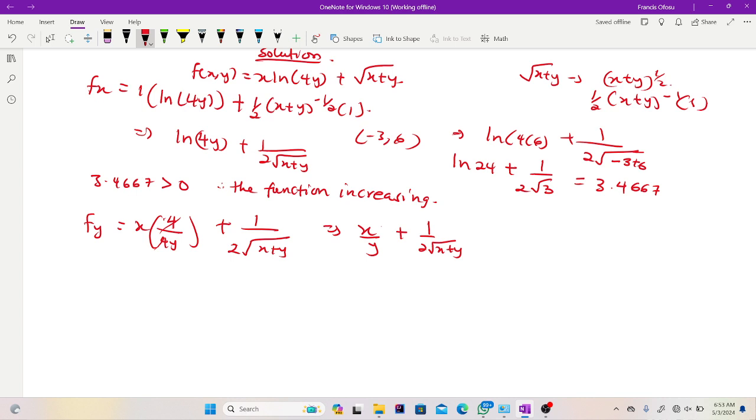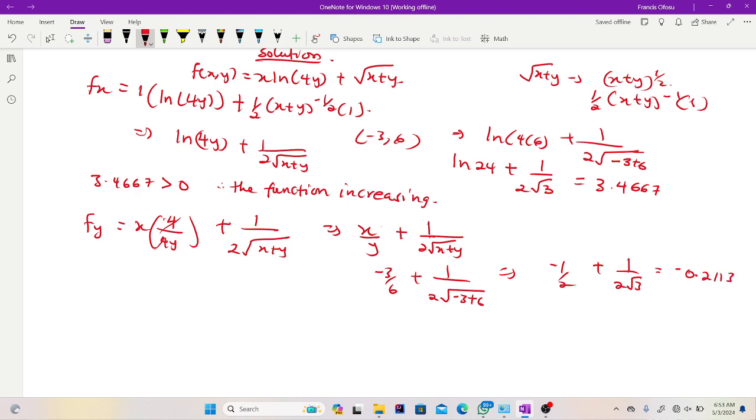With this, I'm going to get -3 over 6 plus 1 over 2 root of 4. It's -3 plus 6. This is like -1 over 2 plus 1 over 2 root 3. And this should give us -0.2113.